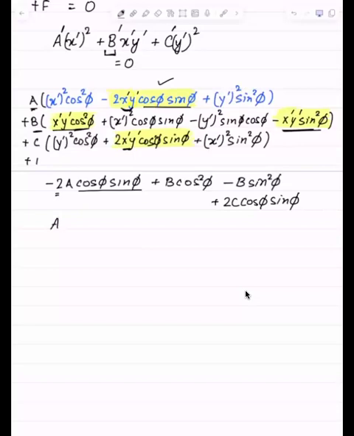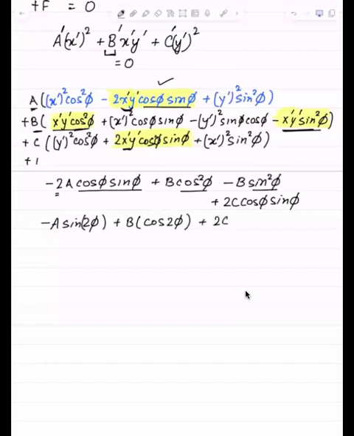We know that is, leaving the negative out, sine 2 phi, the double angle for sine, right? And here, if I factor out the b, we have inside cosine square phi minus sine square phi, which if you remember, is the cosine double angle formula, so cosine 2 phi.